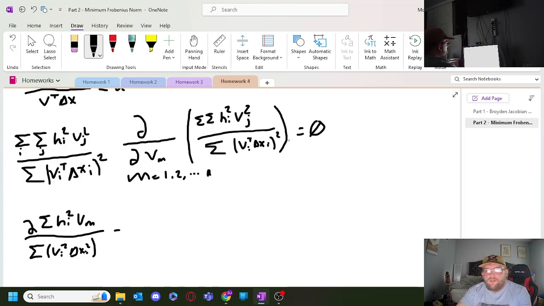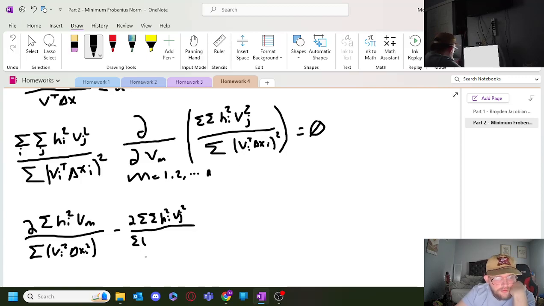So in the denominator, raised to a second power is the same as raising it to -2 if it's above the line. So it'll be -2 times the double summation of hi vj squared over the sum. Now keep in mind, we did power rule, so -2 minus 1 is -3, so this becomes a 3.